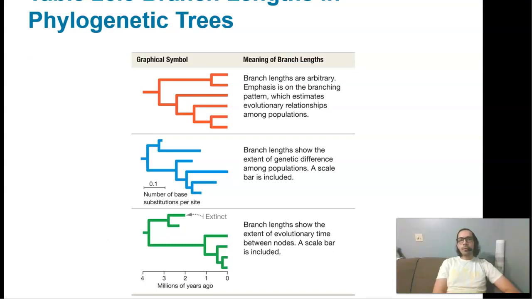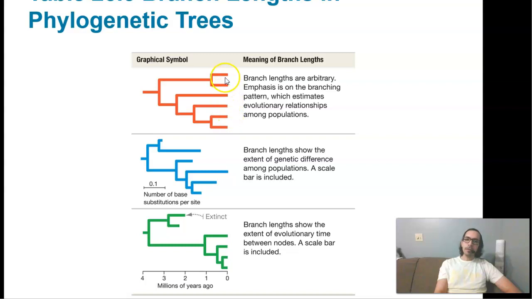Sometimes when you see phylogenetic trees, they can give you different information. If you're looking at a phylogenetic tree without a scale bar, the length of the branches is meaningless. In that case, the main point of the tree is just to show the relationships among the taxa, mainly the branching pattern of the taxa.